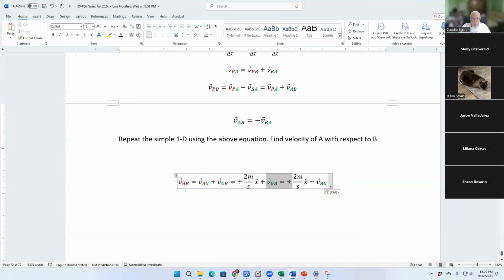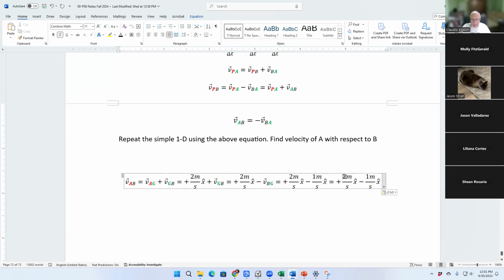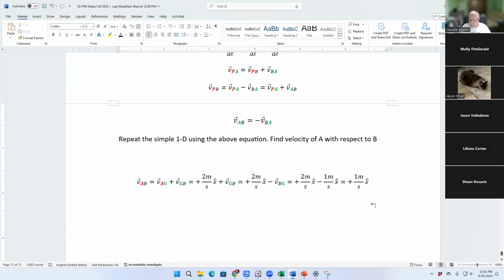Okay? And now we do have the velocity of B with respect to the ground. It's going to be 1 meter per second in the positive X direction, right? You do the math, you get that A is moving away from B at this velocity, 1 meter per second.